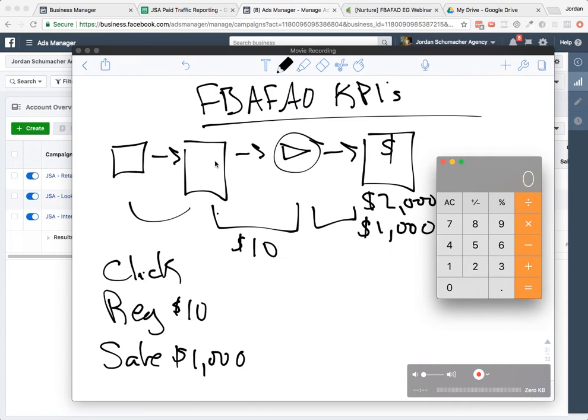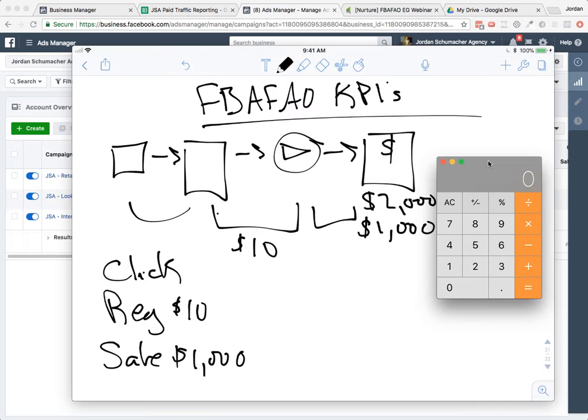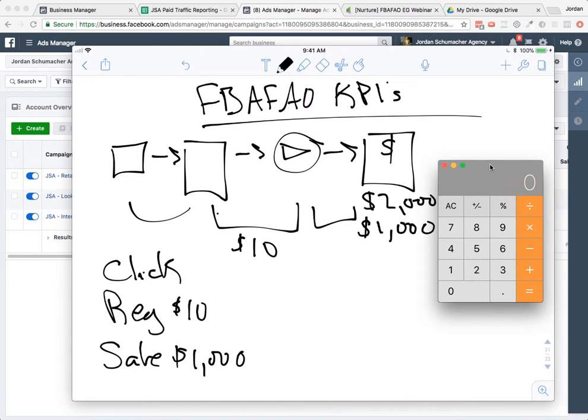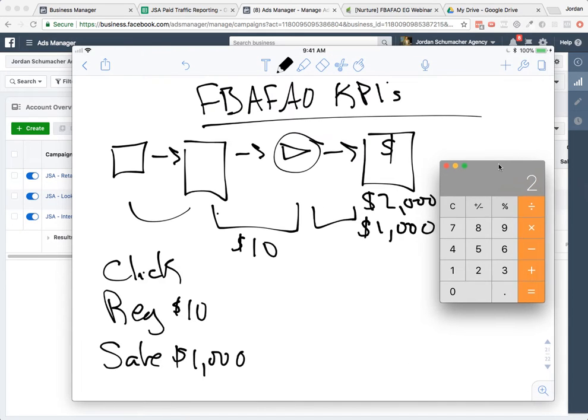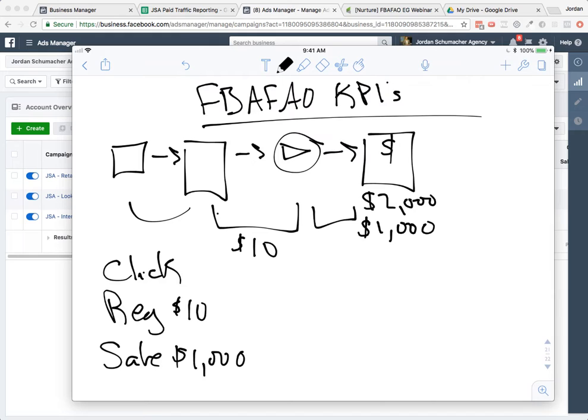I fully expect this landing page to convert at right at 20%. And so if I'm willing to pay $10 per webinar registrant and 20% of the people who hit this landing page actually register for the webinar, that means I'm willing to spend $10 times 0.2, which is $2 per click.